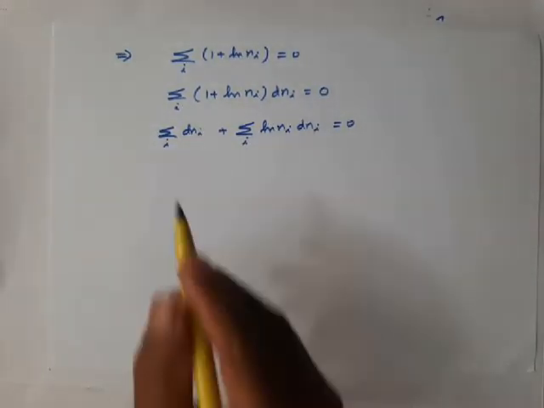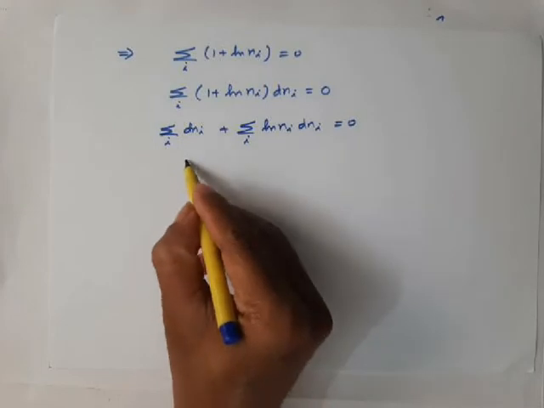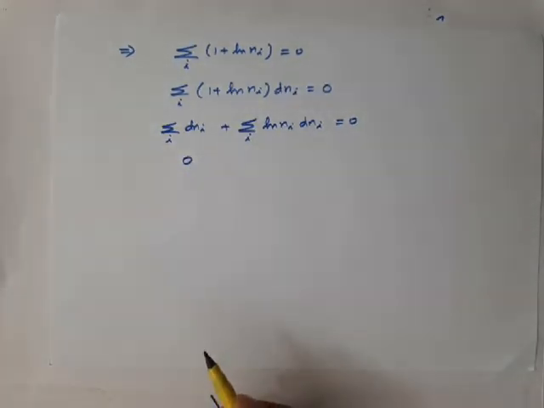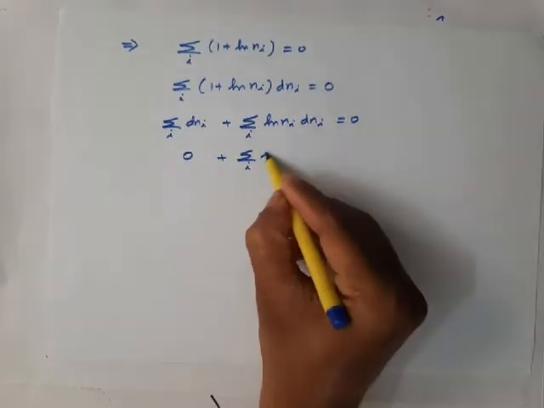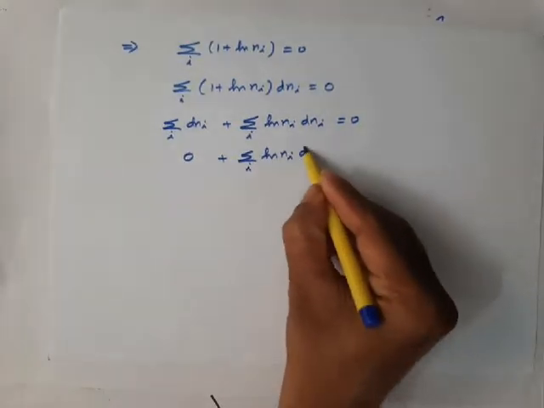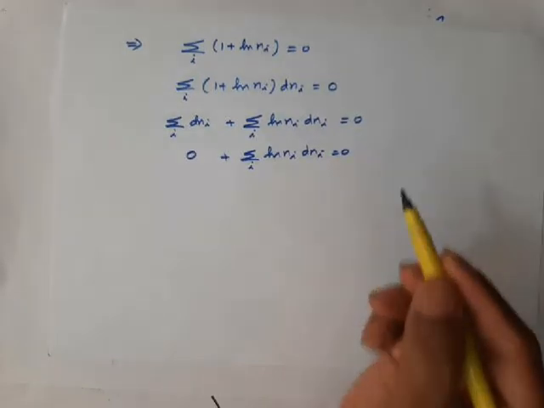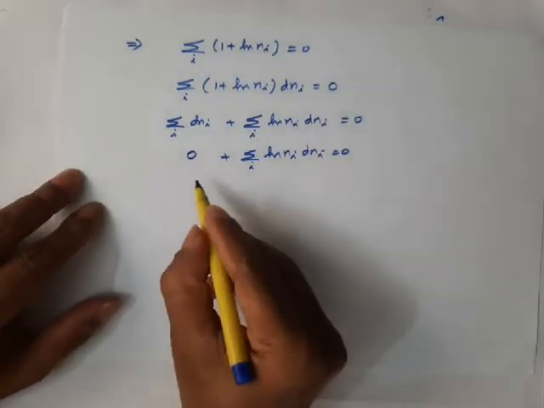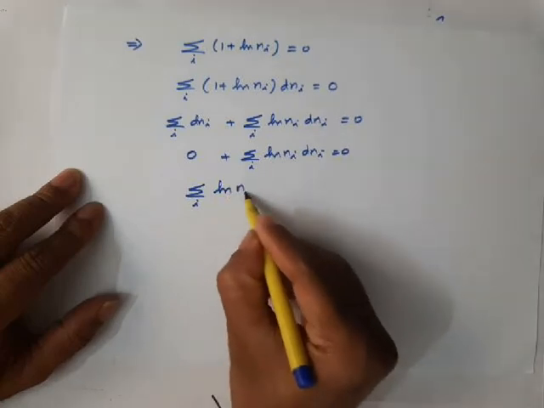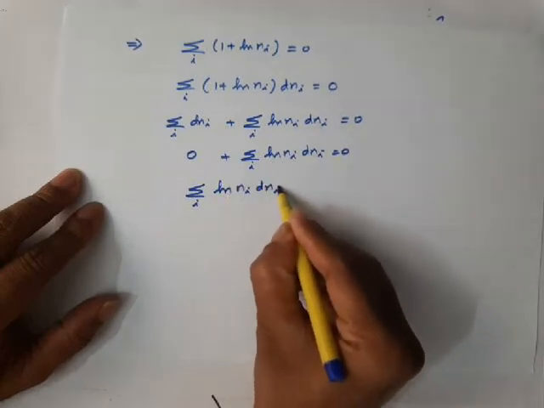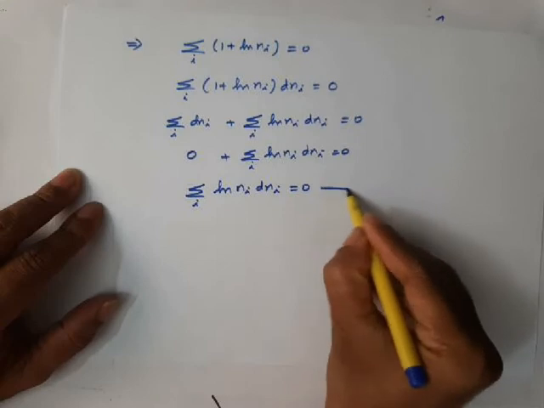Therefore this should be equal to 0. Then we can write summation over i ln ni into dni equal to 0. I will take this as equation number 1.